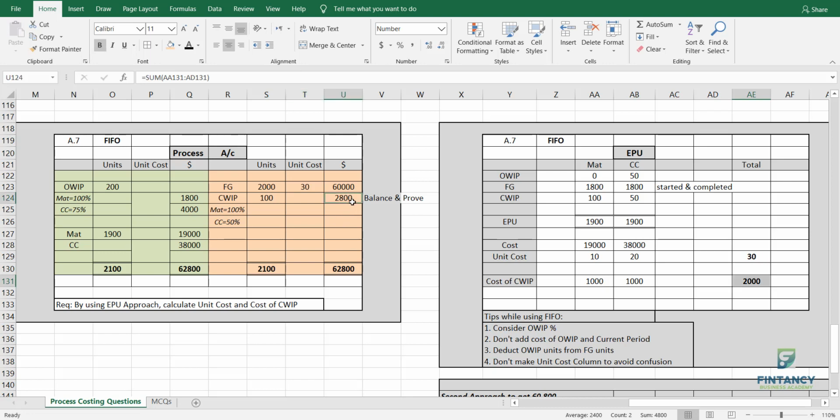So it means there is a mistake. You have done a big mistake. I hope everyone is clear on this. So my friends, to avoid this mistake, I will give you a tip. What is that tip? That is the fourth tip. You see here, fourth tip. Don't make unit cost column to avoid confusion. Let me first of all reverse everything.